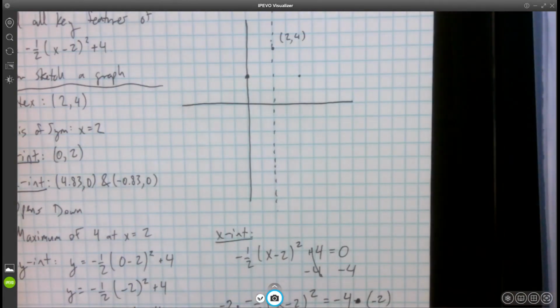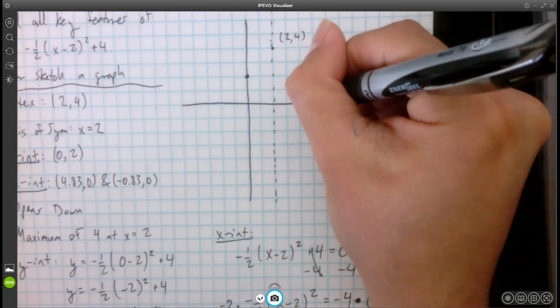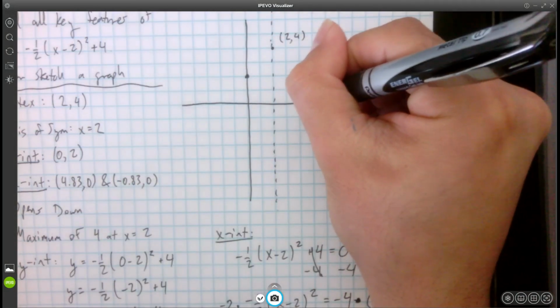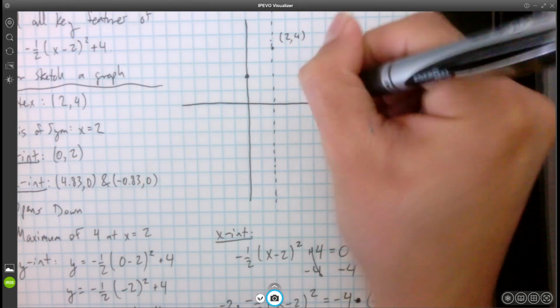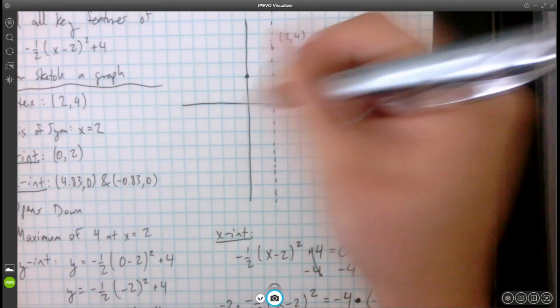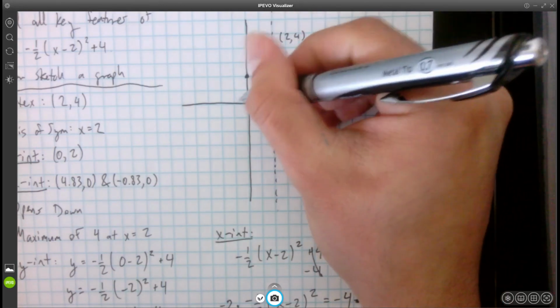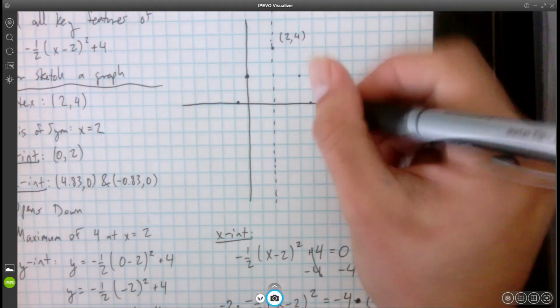Notice that my x-intercept is at 4.83, so 4.5 is there, then 6, 7, 8. 4.83 is right there. And negative 0.83 is probably around right there. Remember, these are estimations.